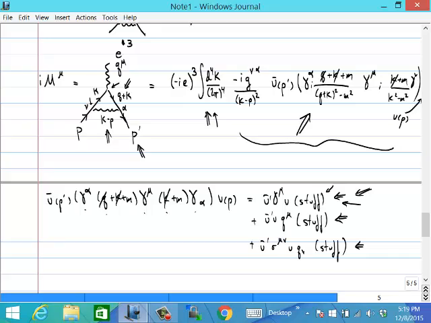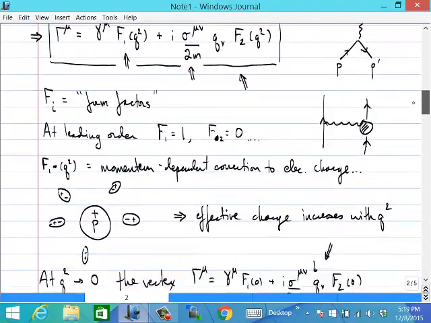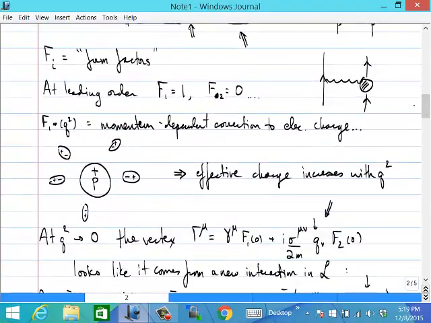If you wanted to think about it a little bit more physically, you could think about this picture of screening, where the electric charge of the proton before you've screened it out is basically infinite. And it's only after you screen it by an infinite number of electron-positron pairs that you get down to something finite.